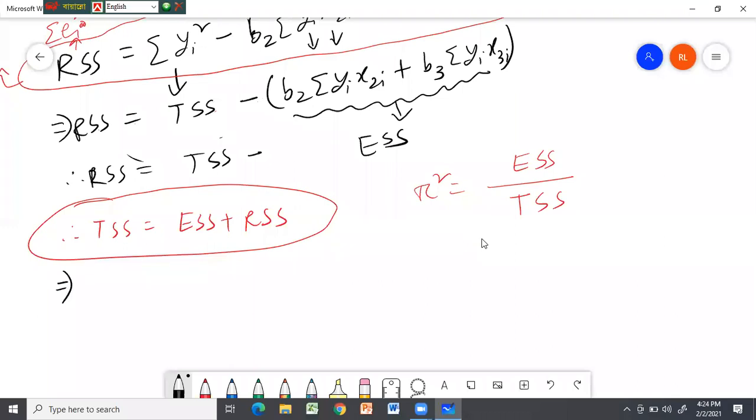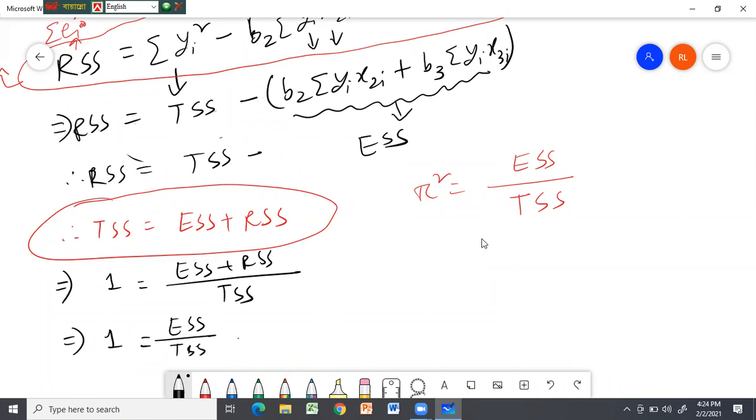এটা আমি শো করেছিলাম গত ক্লাসে, তারপরেও বলি। If you take TSS in the cross multiplication side, that means in the right hand side, then ESS plus RSS divided by your TSS. So you can write down 1 equal to ESS by TSS plus RSS by TSS.